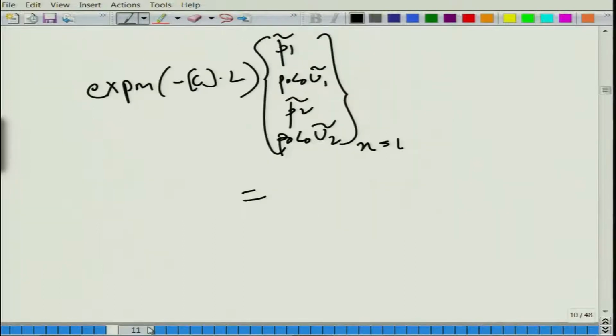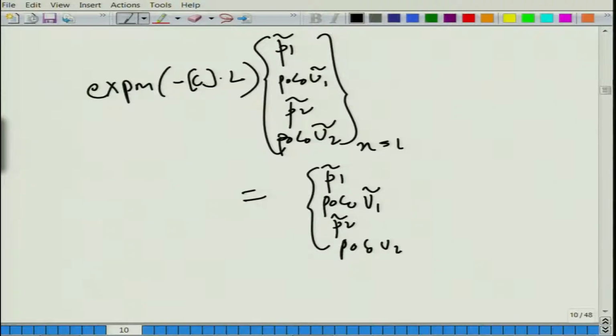So this will then become the identity times P1 and so on at x equal to 0.